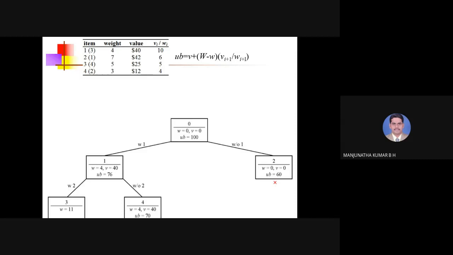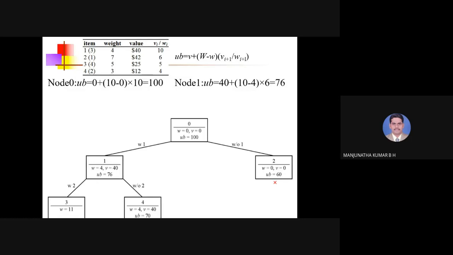The upper bound is calculated using the above formula. For the first node, w is 0 because no items are placed. V is the profit gained, no profit is gained, so V is also 0. Now let me re-explain how the upper bound is calculated for the first node. See this formula, it's very simple. You just remember this formula and you will get the correct solution to the given problem.